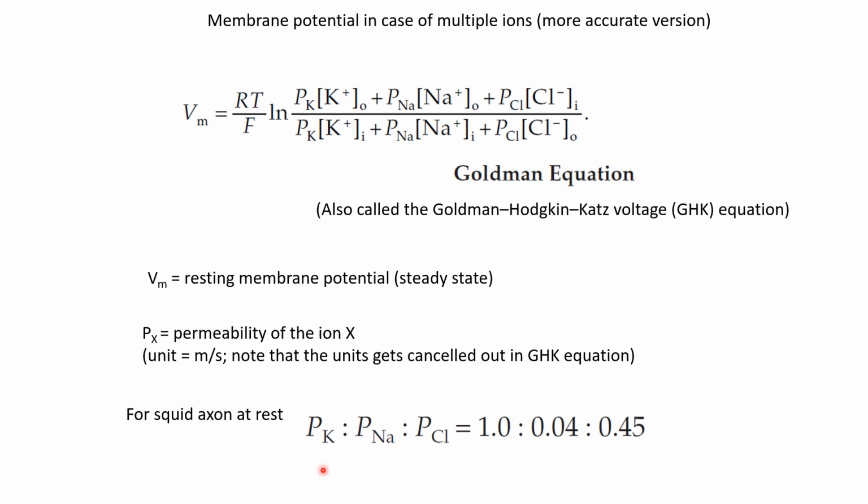So if permeability of potassium is 1, then the permeability of sodium is only 4% of that, and permeability of chloride is somewhere in between. So you can see that the ions whose permeability is larger will contribute more to these expressions.